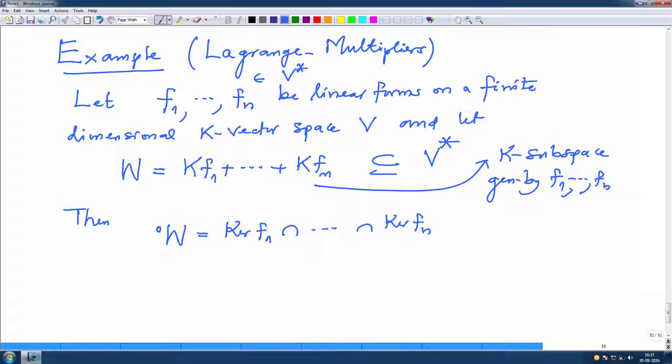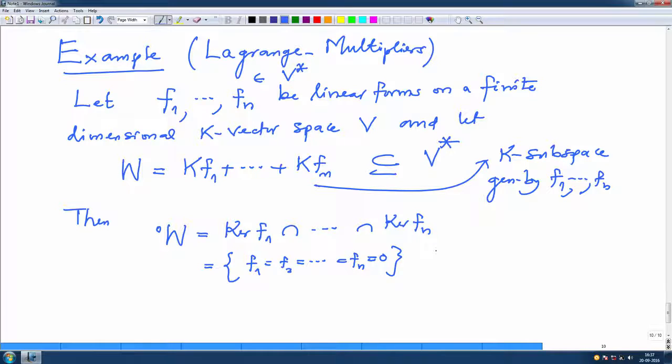This is also written as the common solutions of these equations, f1 equal to f2 equal to fn equal to 0.